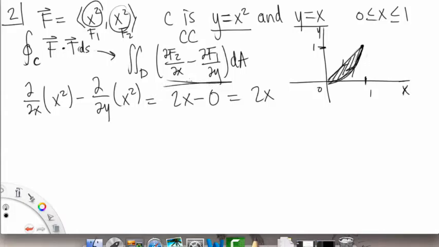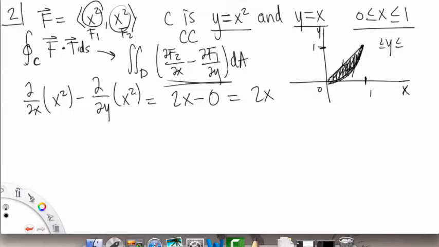So this 2x is what we plug into the double integral. Now we have to figure out the bounds for this domain. We're going back to the beginning of the course and making this a vertically simple region. Remember vertically simple and horizontally simple? Technically this could be both, but I don't want to work with square root things, so this is good. If we do vertically simple, x is bound by 2 constants, and y is bound by 2 functions of x.